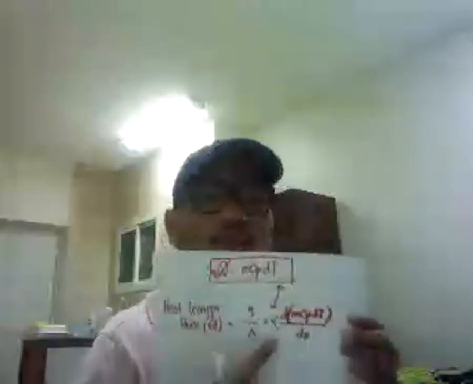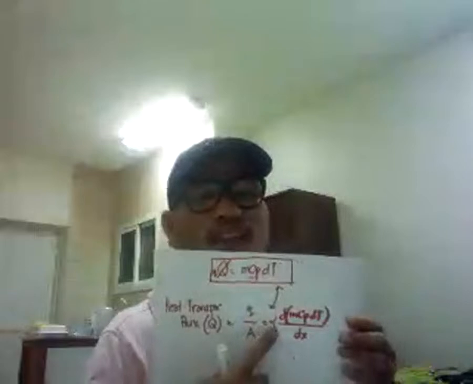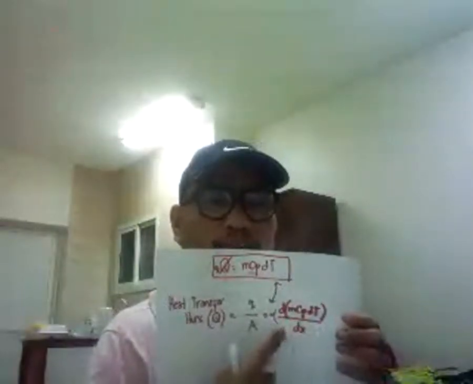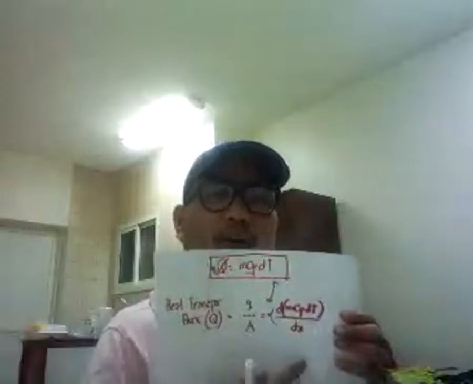So we denote it as alpha. Forget first the alpha particle, alpha emission, alpha ray, but we are focusing here on transport phenomena. So alpha will be our heat transfer diffusivity, which is this quantity. Now, again, we have the mCp dT.